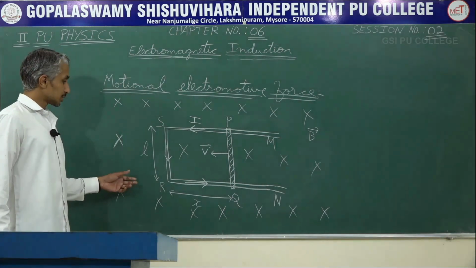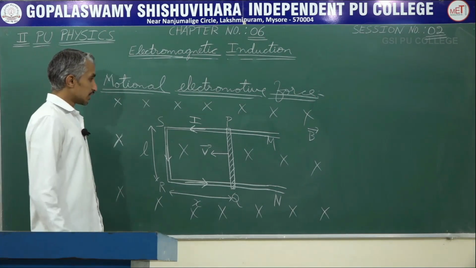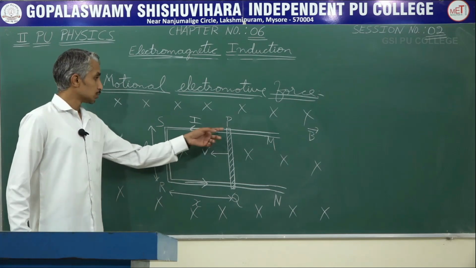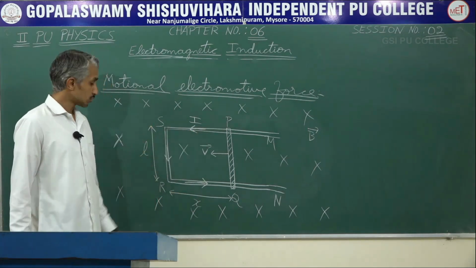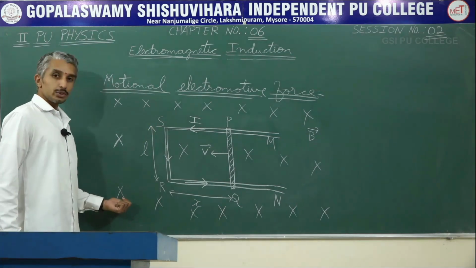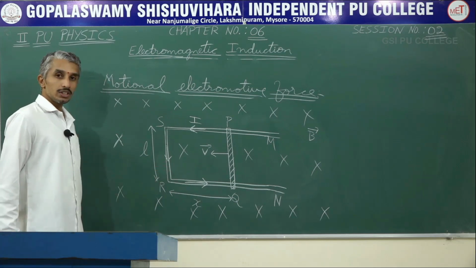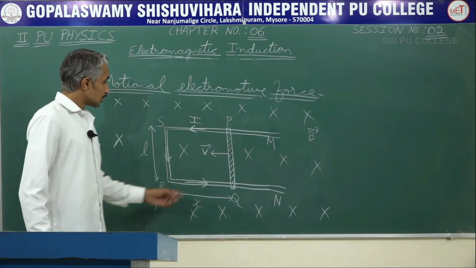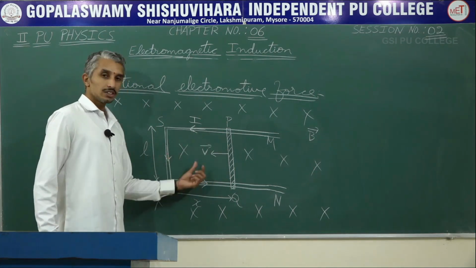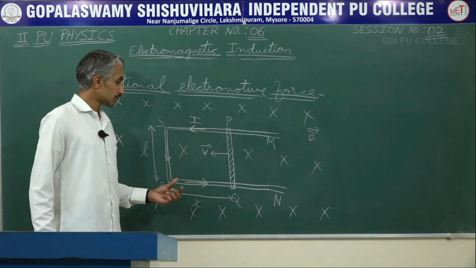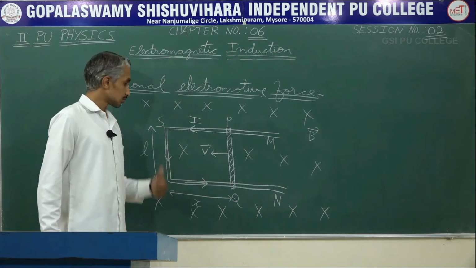Let us derive the expression for the EMF generated in the circuit. Let us consider a circuit of rectangular frame PQRS placed in a uniform magnetic field which is perpendicular to the circuit. Let the arm PQ be movable on the rectangular frame. Let it move with a constant velocity v.